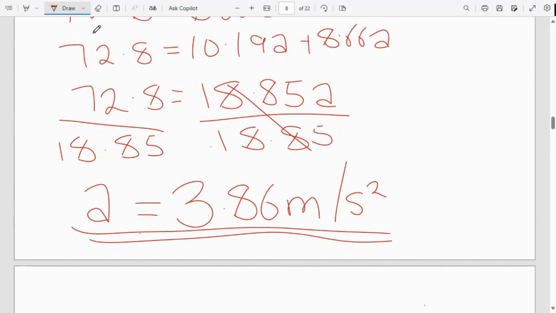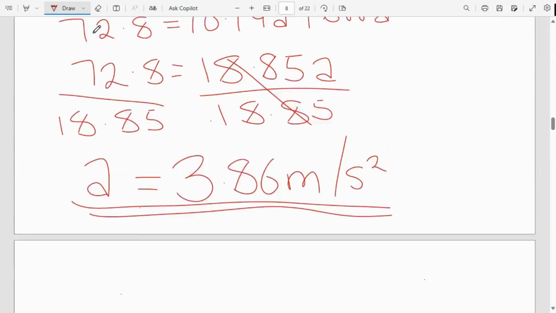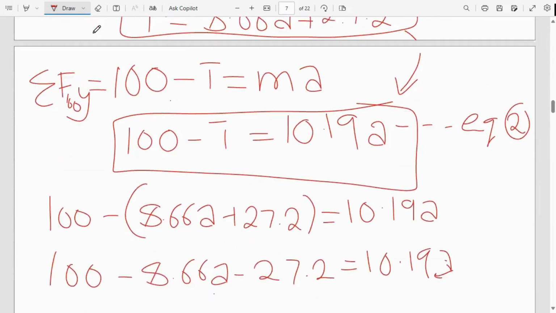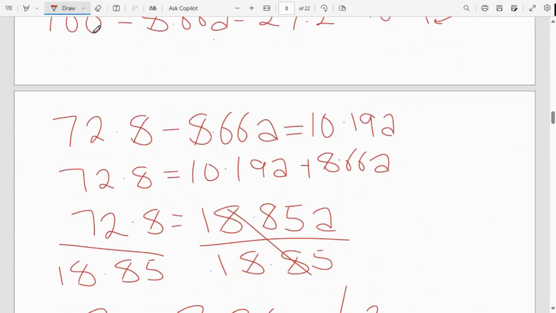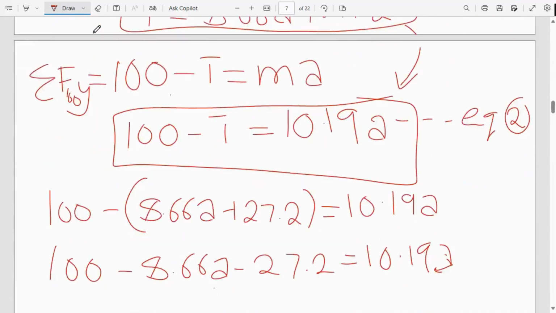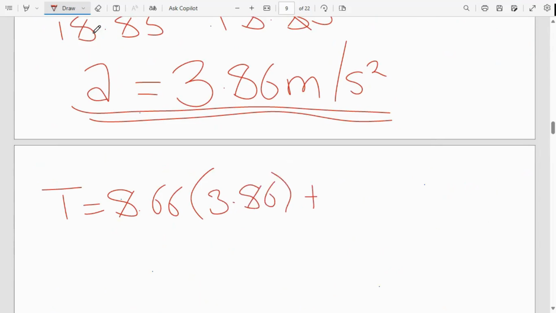All right, so that is the value of the acceleration. Now we can find the tension in the string using that equation. T is equal to 8.66A plus 27.2. So tension is equal to 8.66, where there's A, I'll plug in 3.86, plus 27.2.